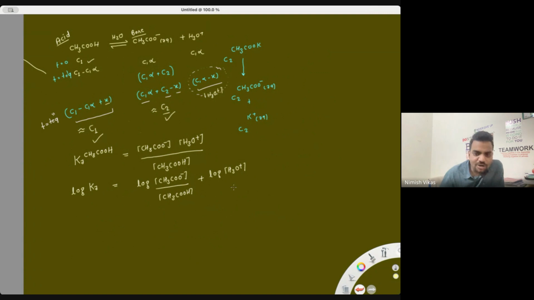Now we can take log of hydronium ion to the left hand side and log Ka to the right hand side. So both will get a negative sign. This will become minus log hydronium ion, which is pH.